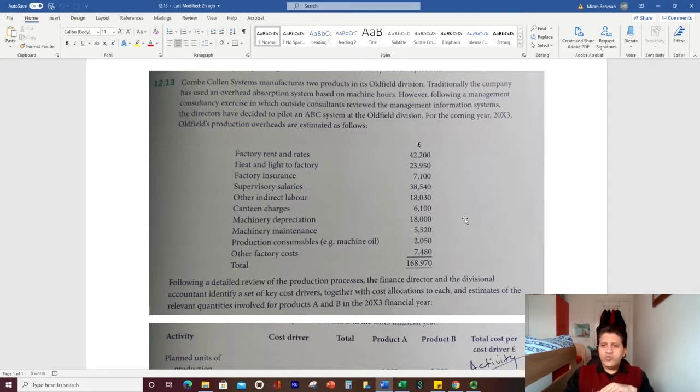For the coming year 20x3, Oldfield production overheads are estimated as follows. And then you see a list of costs which would fall as indirect cost, also called overheads. Individual costs are not relevant for this question. We will be only looking at the total figure, which is £168,970.